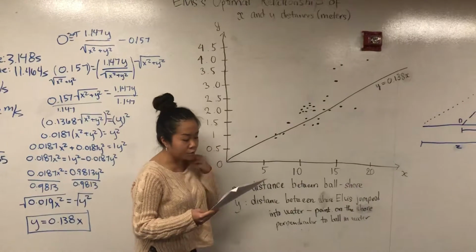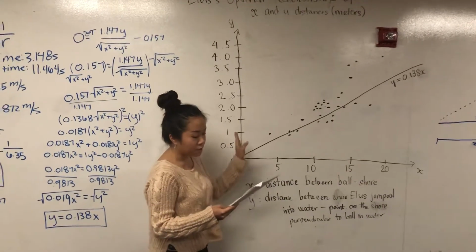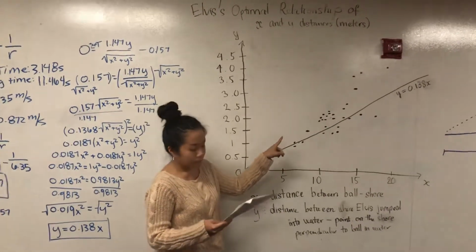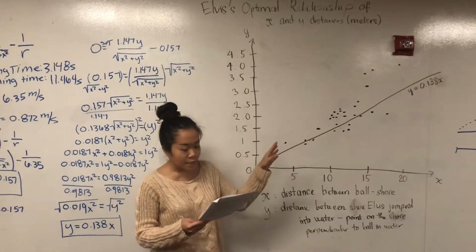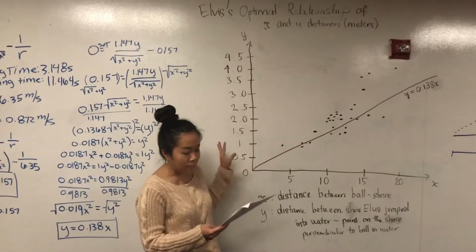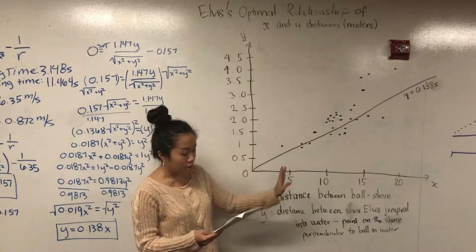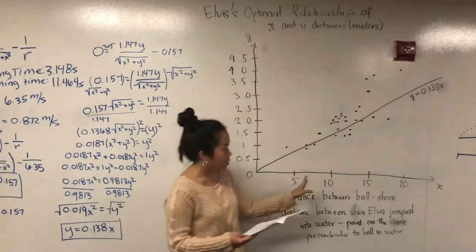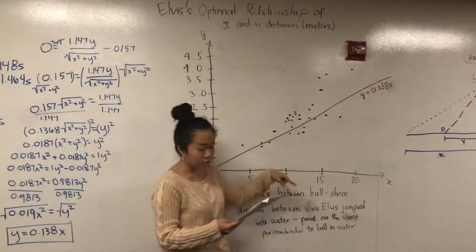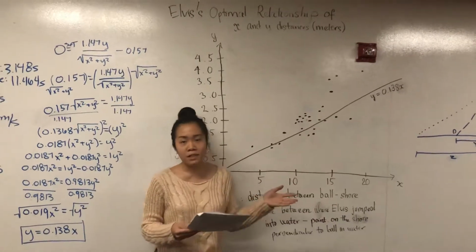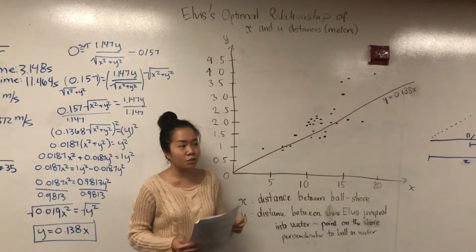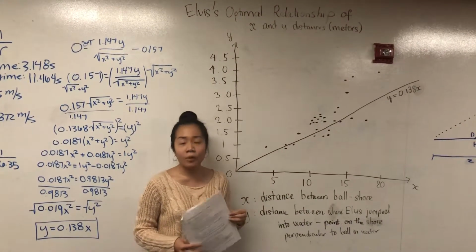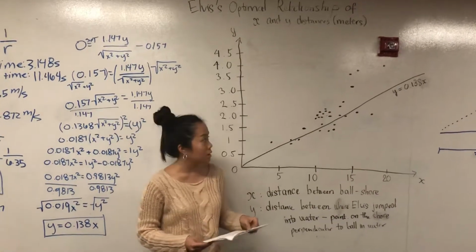So the further the ball is away from the shore, the data points stray further from the line, which means Elvis can eyeball and optimize how far he should run from the beach, which is y, before jumping into the water through trial and error, but does not indicate that he can do calculus, or that we know that he can do calculus.